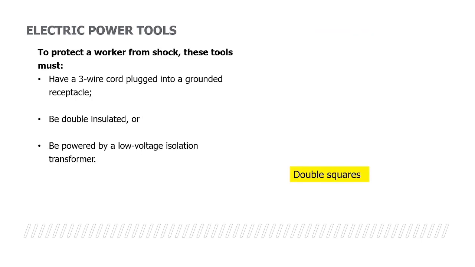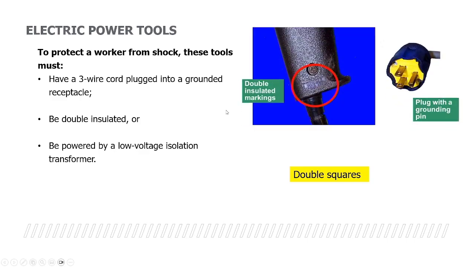To protect workers from shock, these tools must have a 3-prong plug in a grounded receptacle, be double insulated, or be powered by a low voltage isolation transformer. Good example of the double insulation. Once again, you can see the marking right here. If you look at a lot of the power tools on the market now, a lot of them will have plastic housings.